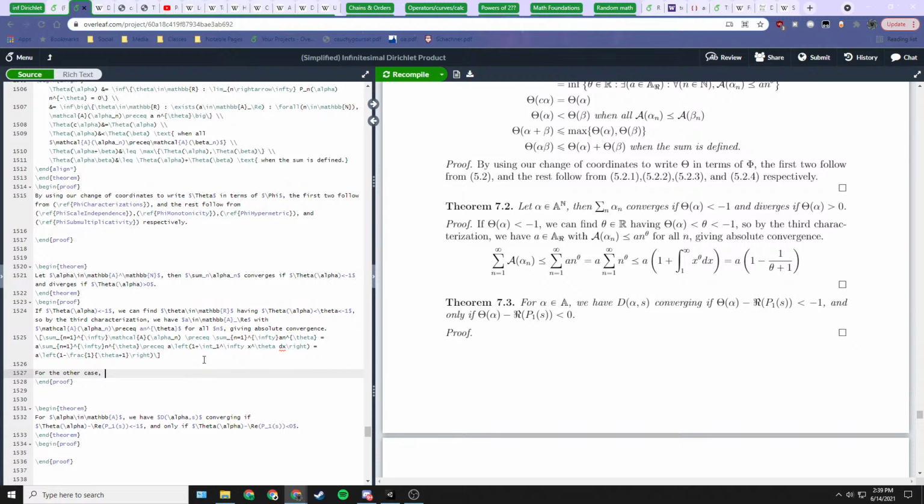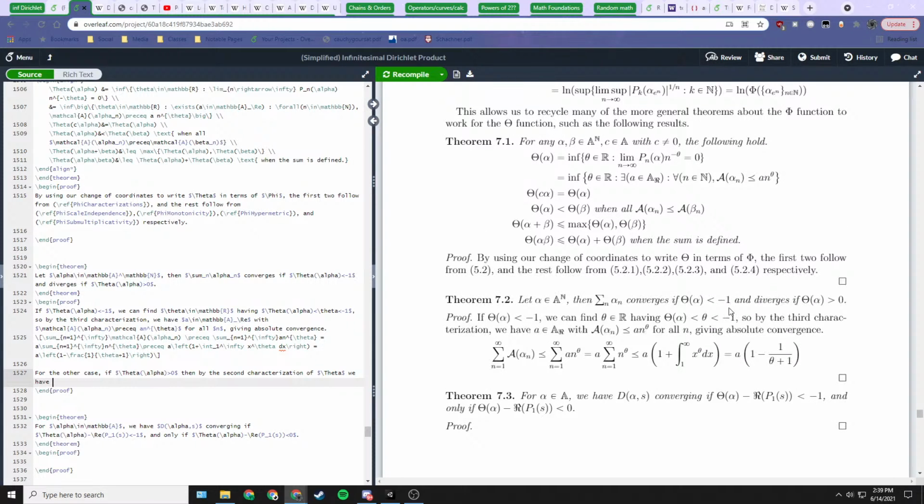For the other case, if theta of alpha is greater than 0, then by the second characterization of theta, we have the limit. This shouldn't be p sub n, actually.